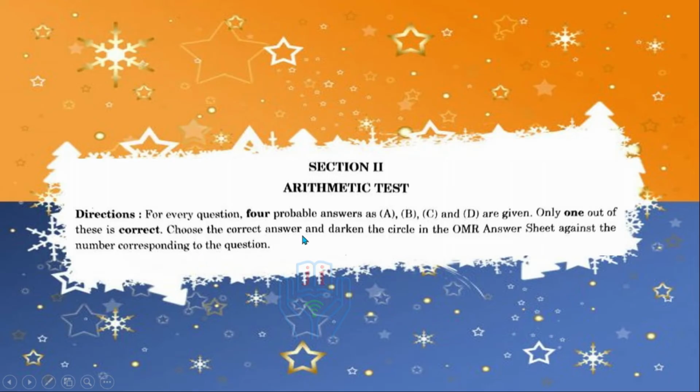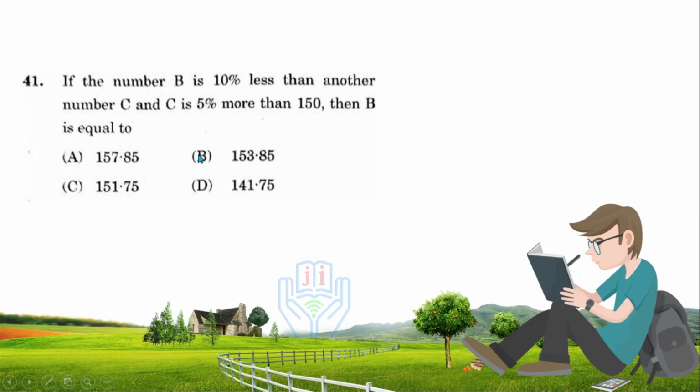Section 2, arithmetic test. In the given options, only one will be the correct answer. If the number B is 10% less than another number C and C is 5% more than 150, then B is equal to? Simply do 150 into 10 by 100 into 5 by 100.